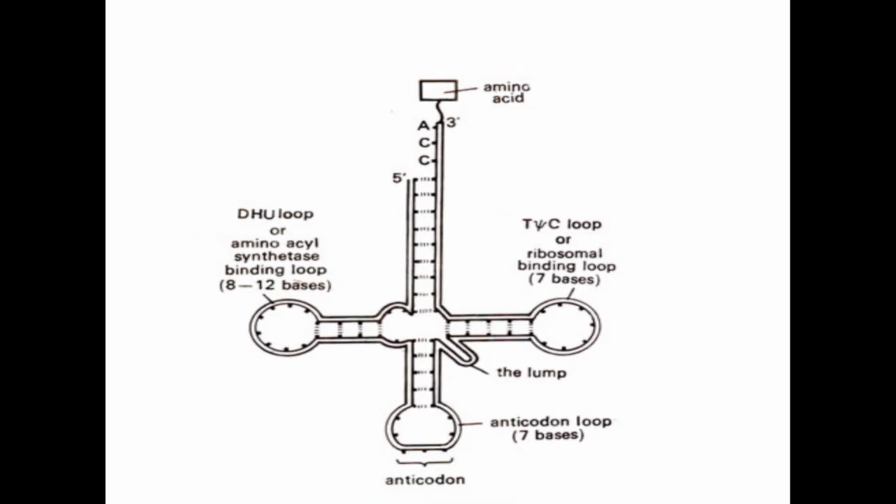You have to write about pseudouridine, those unusual bases, ribothymidine and pseudouridine. And about the 4 arms you have to write: acceptor arm, anticodon arm, D arm, and T/C arm.